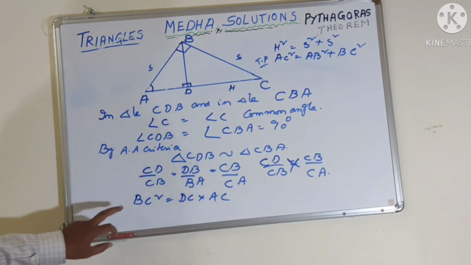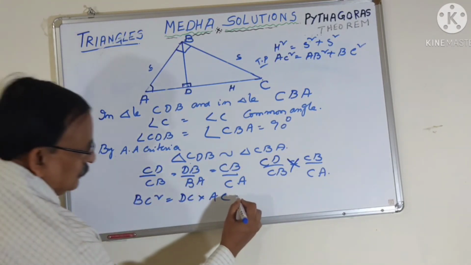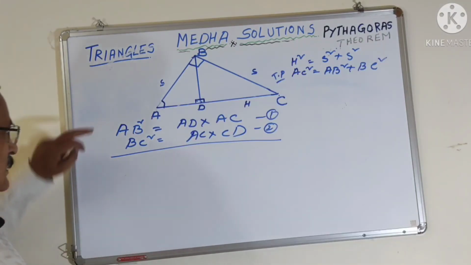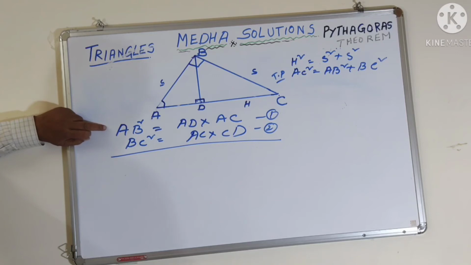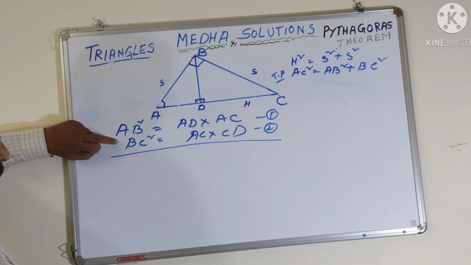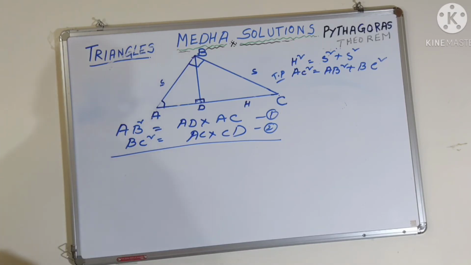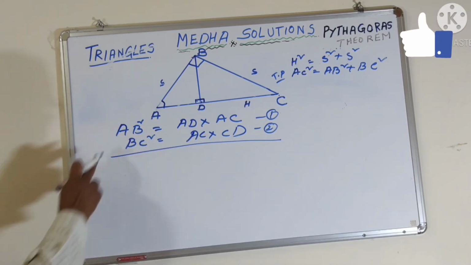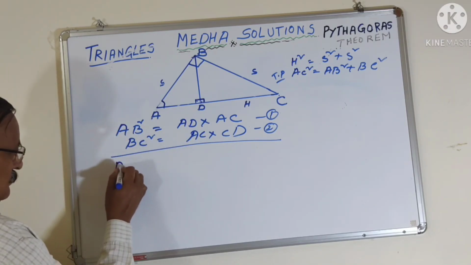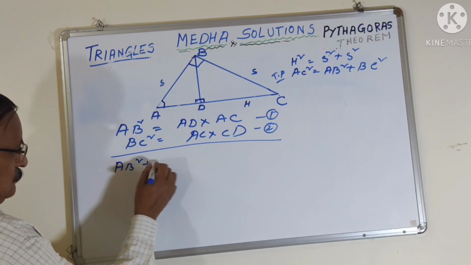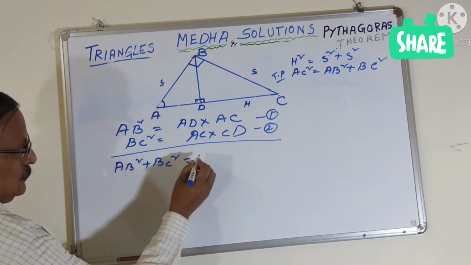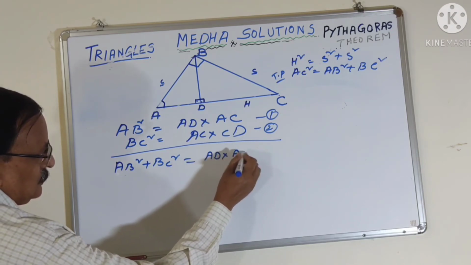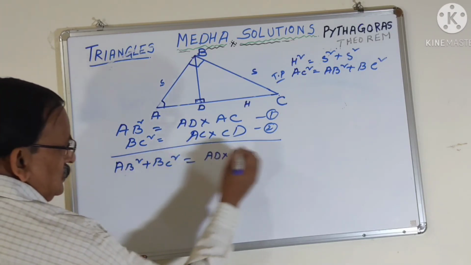Now we have another equation. This is equation number 2. Now students, this is the first equation: AB square is equal to AD into AC, and BC square is equal to AC into CD. Now add these two equations, left side and right side. Left side after adding, AB square plus BC square is equal to AD into AC plus AC into CD. You have to write it like this only, because these are letters, not numericals.